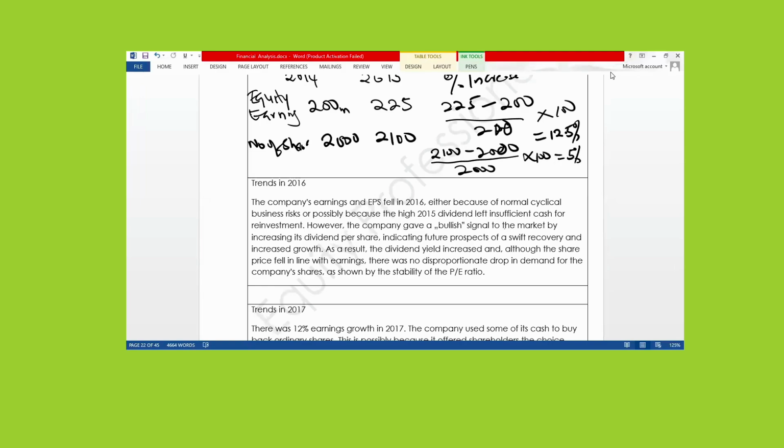As a result, dividend yield increases, because in spite of falling earnings, you are still paying more dividend to shareholders. Dividend yield increases.